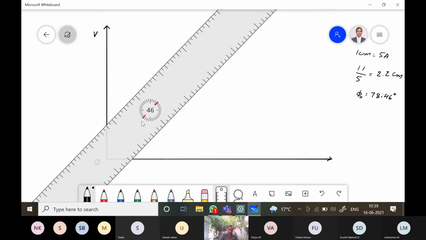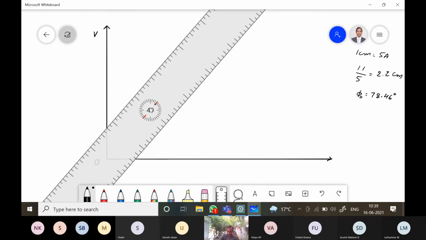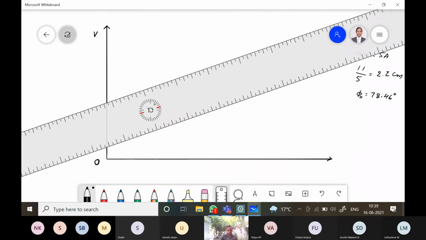From the horizontal axis it is 11.5, so nearly 12 degree.